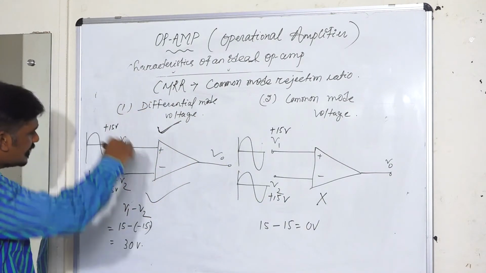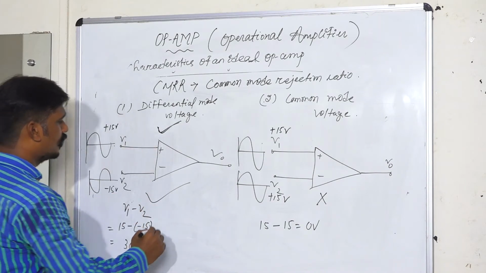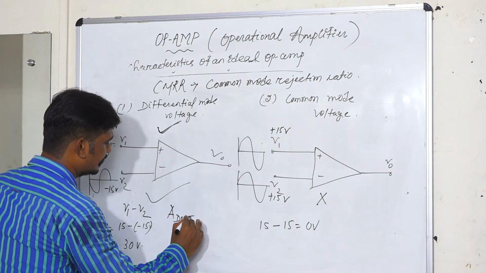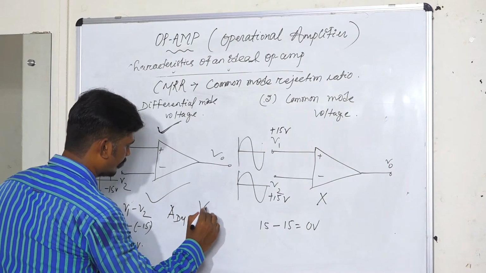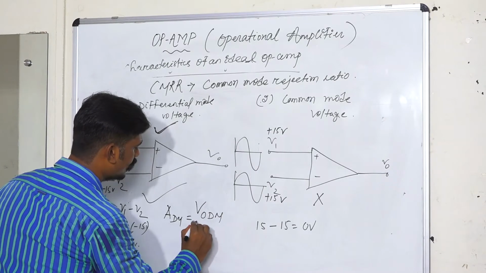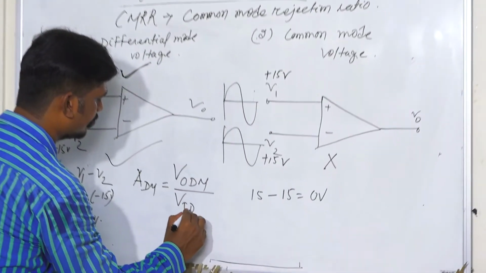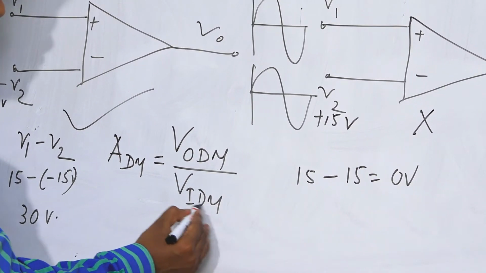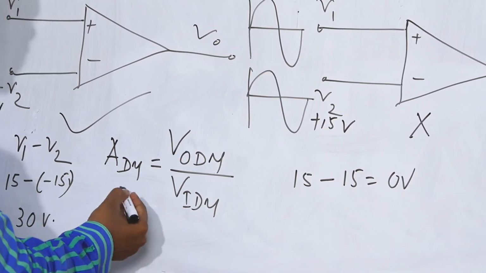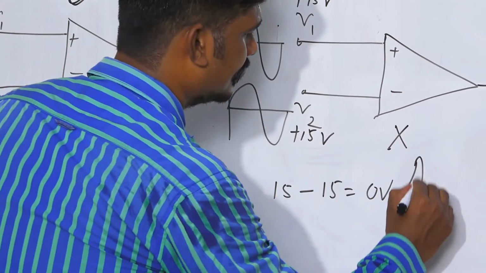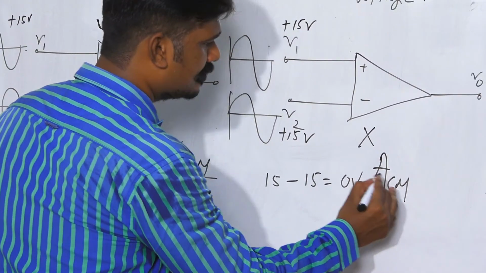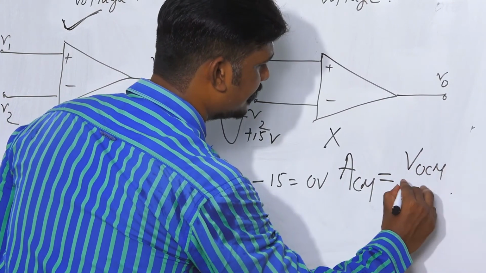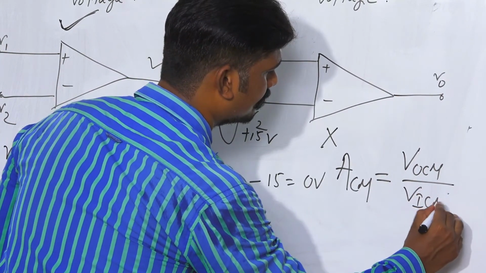And what is CMRR? In case of differential mode voltage, if we find the differential mode gain, it will become VODM divided by VIDM. Differential mode output voltage divided by differential mode input voltage. Likewise, in case of common mode, the common mode gain is equal to VOCM divided by VICM.